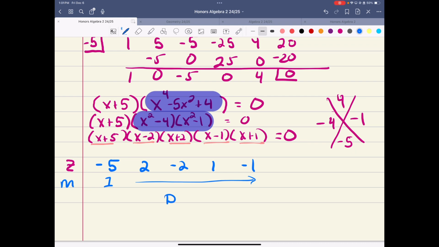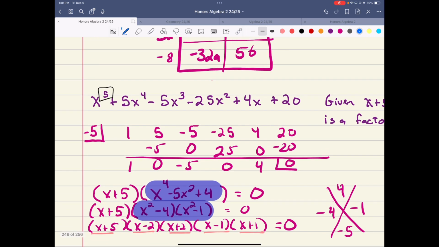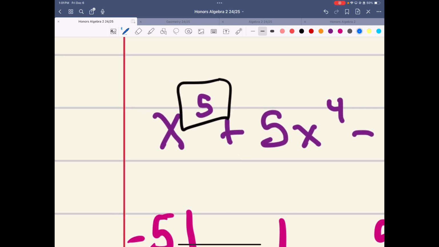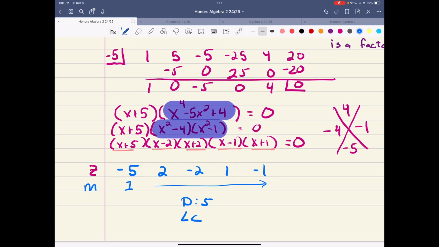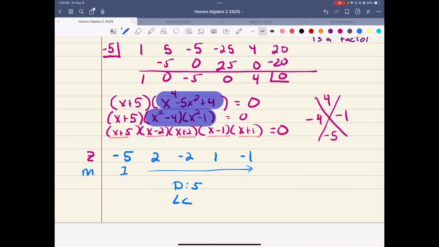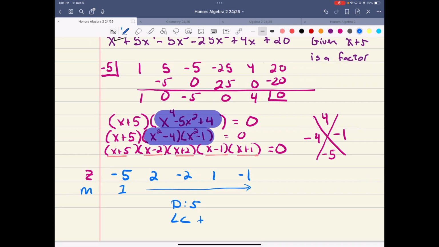What degree is this? 5th. And you could do it by adding up the multiplicities or just look at the original problem. It's a 5. Leading coefficient, again, just look at the original problem to figure out if it's positive or negative. It's positive.